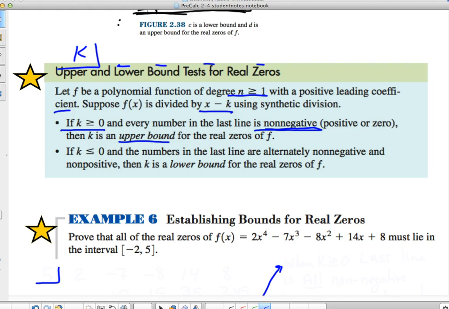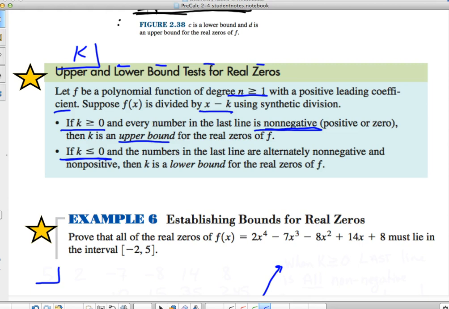Now, if k is less than 0, it's a lower bound if the numbers of the last line are alternately non-negative and non-positive. And people are like, Bloom, that's just math teachers really confusing people. What's a non-negative number? 0 or positive numbers.